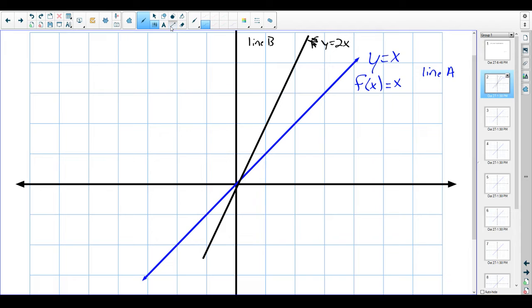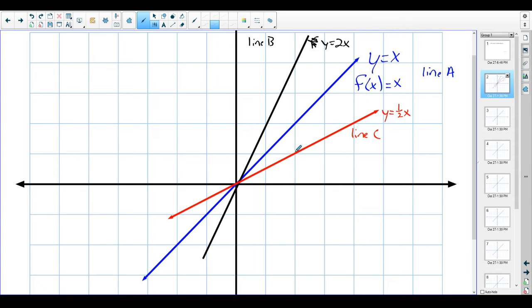Okay, and then we're going to draw a third line, and let's pick a different color for it and give it some actual endpoints. Why not? Let's call it red. Perfect. Okay, and let's call this one line C. And this equation would be y equals half x, right?